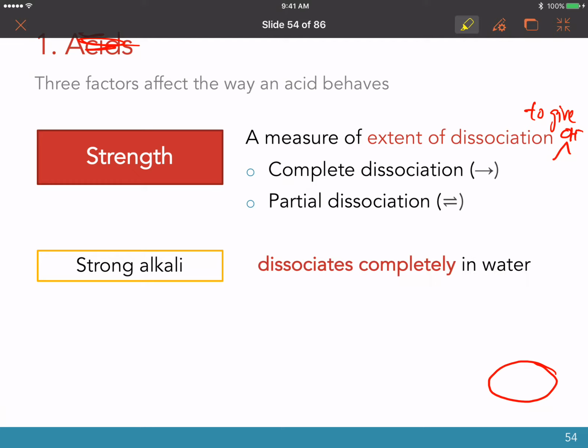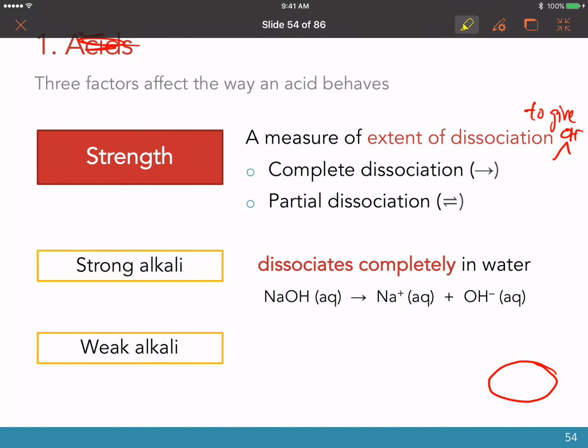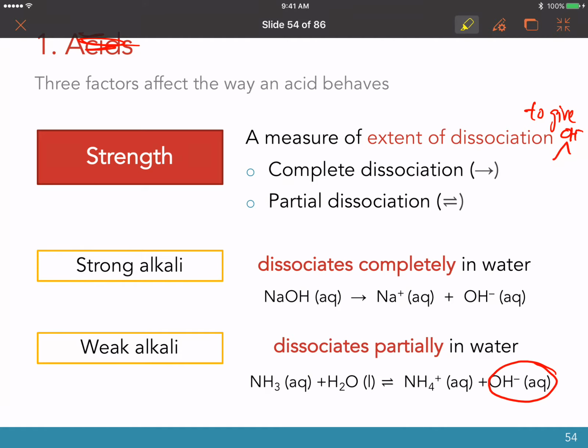So a strong alkali dissociates completely in water. For example, your NaOH, which will dissociate into Na+ and OH-. A weak alkali is, for example, your aqueous ammonia, which dissociates partially in water.